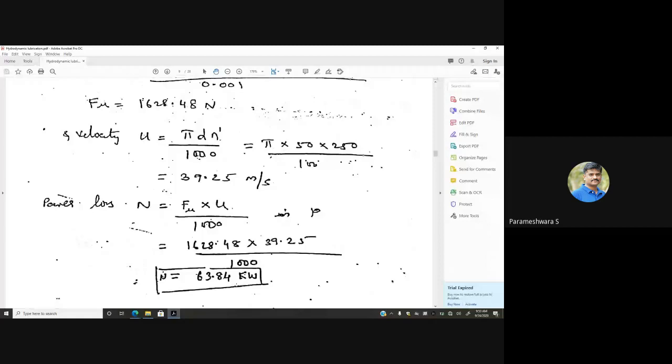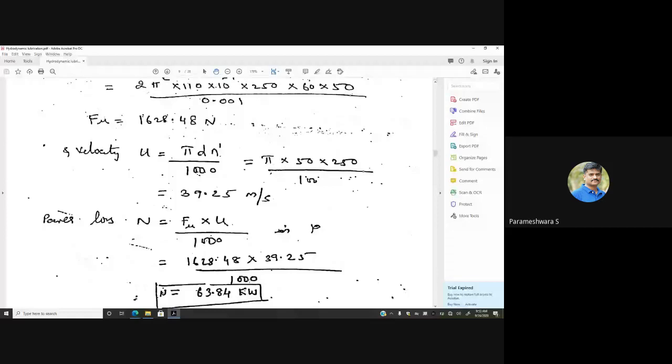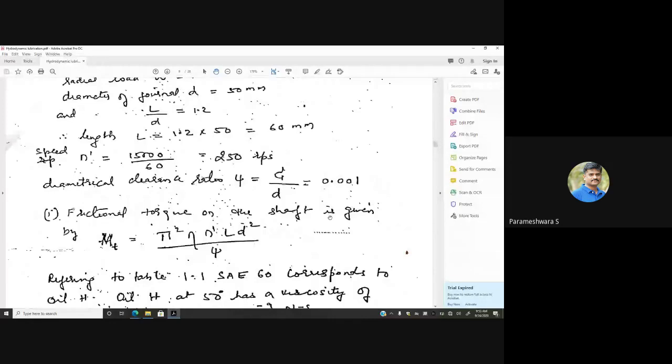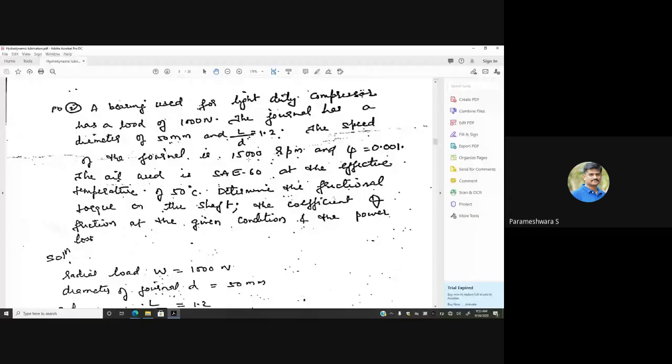Why? Just look at the data. From the data you can give justification. See, speed is 15,000 RPM. Very high speed. So due to that, the friction is created.